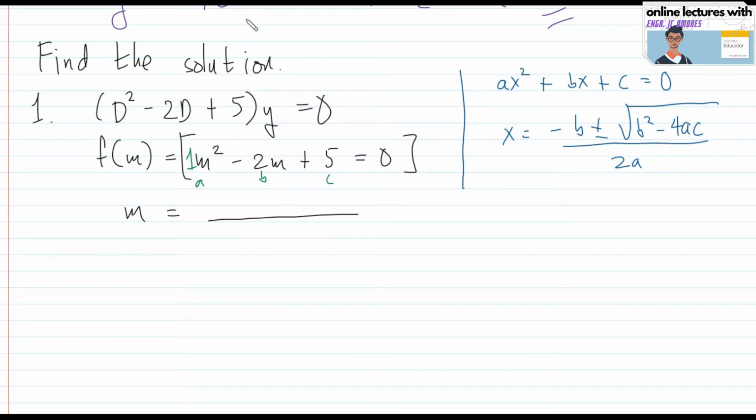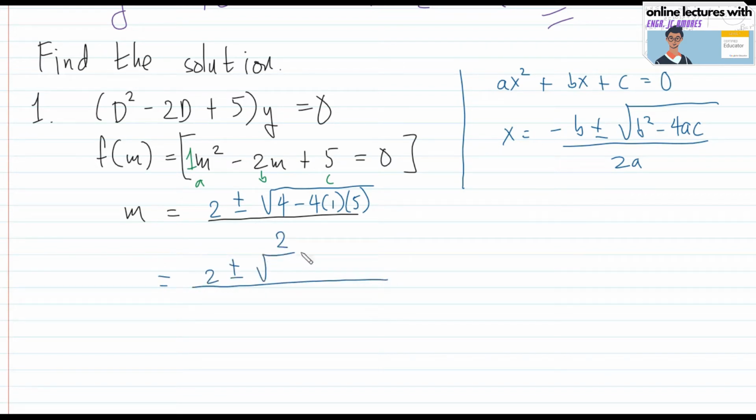So we have negative b, so that would be 2, plus and minus the square root of b squared, so 4, minus 4ac, so 4 times 1 times 5, all over 2a, so that would be all over 2.